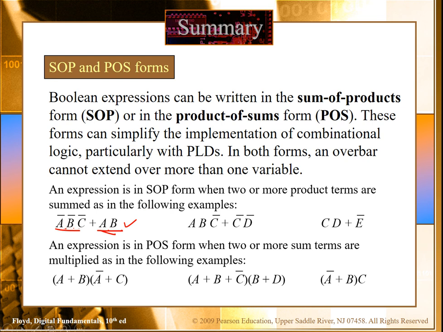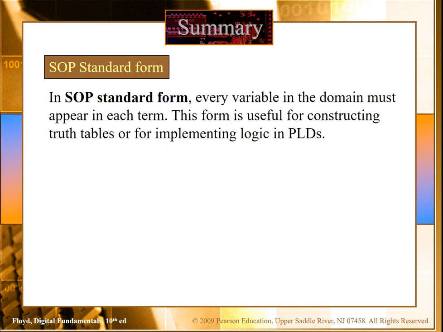But the standard sum of product form is that in which each variable appears in each product term. The standard form of the SOP is that each variable in the domain must appear in each term.